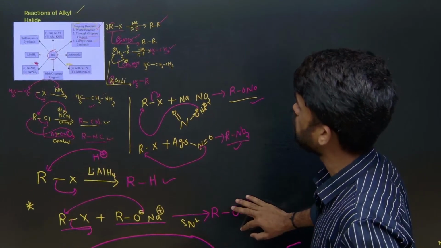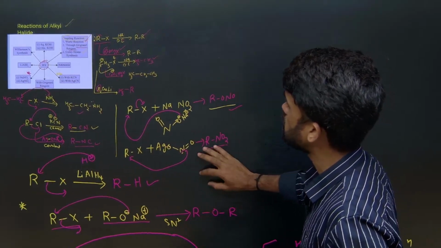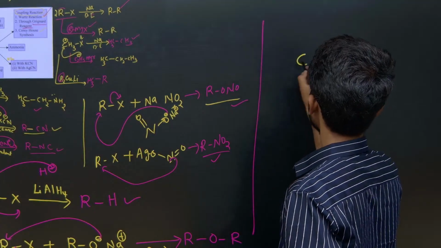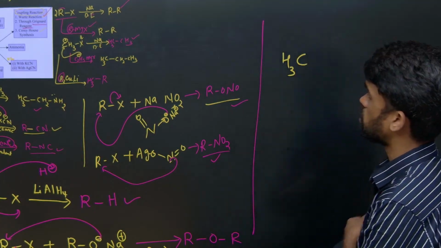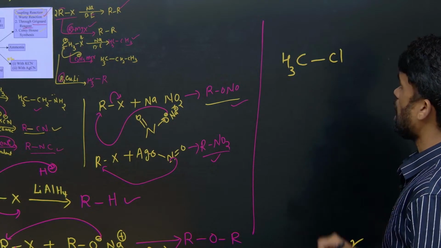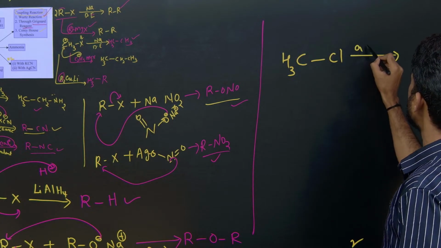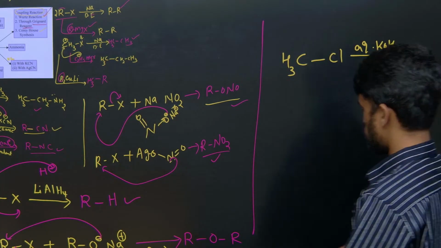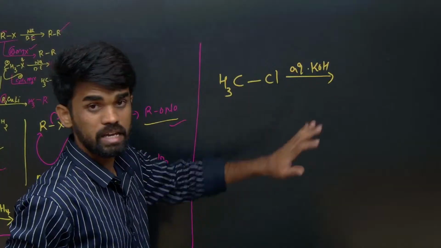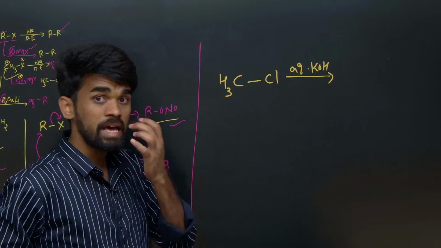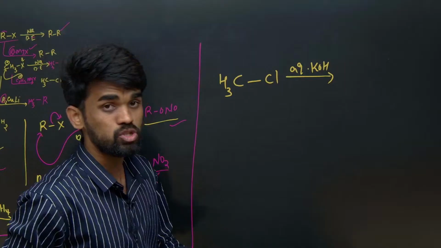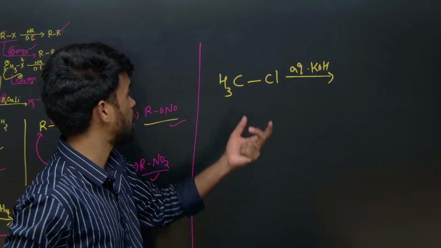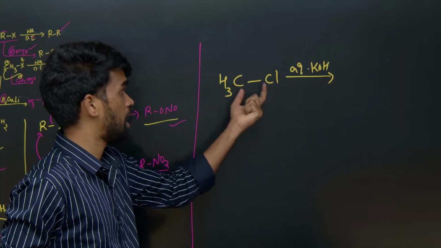So let us look into a few more things. Alkyl halides undergo elimination reactions and substitution reactions. When alkyl halides are treated with aqueous KOH or NaOH, it will generally follow substitution reactions, either SN1 or SN2, depending upon the alkyl halide groups.